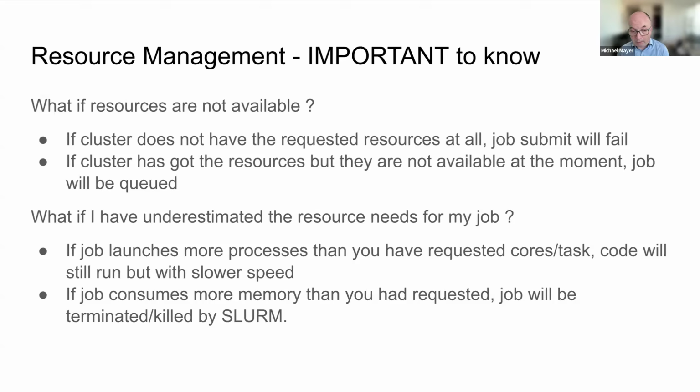To the contrary, however, if your job consumes more memory than you had requested, your job will likely be terminated or killed by Slurm, because unlike having more processes fighting for the same CPUs, if you have allocated 1 gigabyte of memory and your code tries to use 2 gigabytes, memory is not easy to share, so your job will be killed.